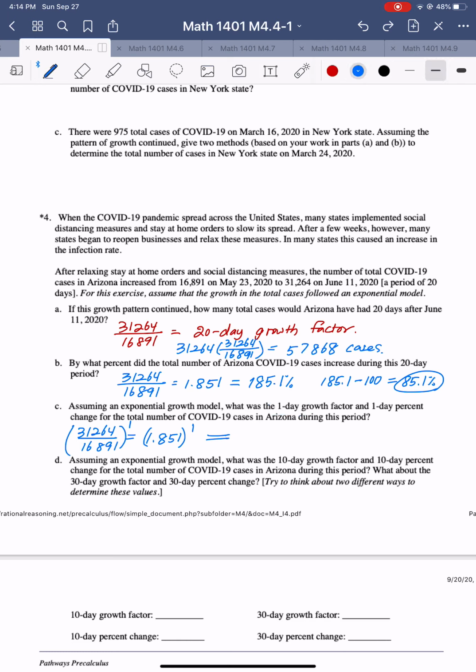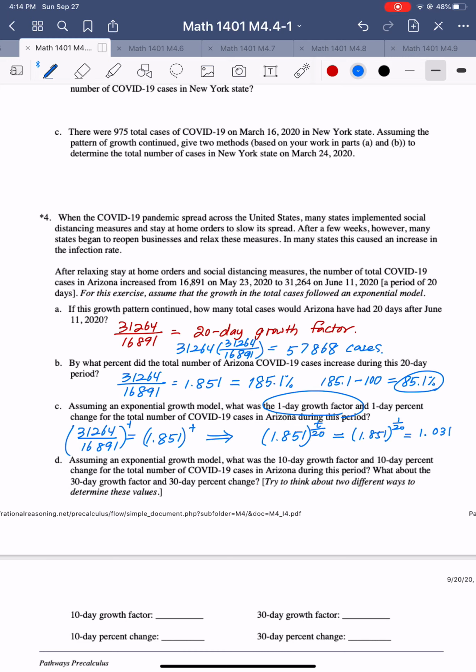Okay, so what I do is change to, so this is T. I'm going to use 1.851. And then instead of the 20-day growth factor, I want the 1-day growth factor, which means you can just use T over 20. So we can just say 1.851 to the power 1 over 20, which is 1.031.